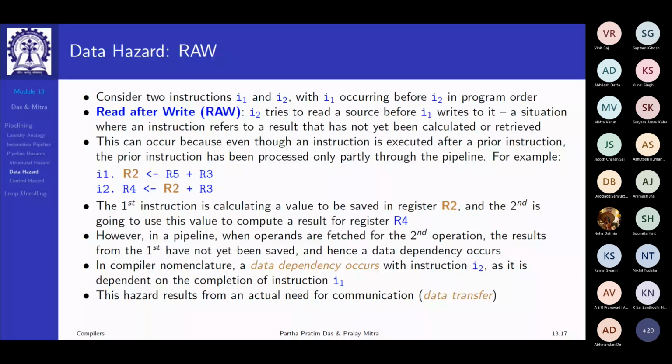So if these 2 instructions are consecutive, then in terms of time, I2 will read R2 before I1 has written R2. So this is basically a data dependency problem or a communication problem. The value that you wanted to communicate from I1 to I2 is getting into problem due to this hazardous data transfer. So that will have to be taken care of.